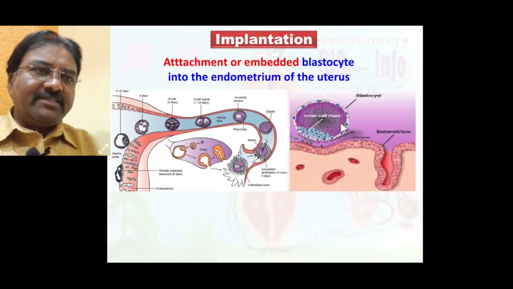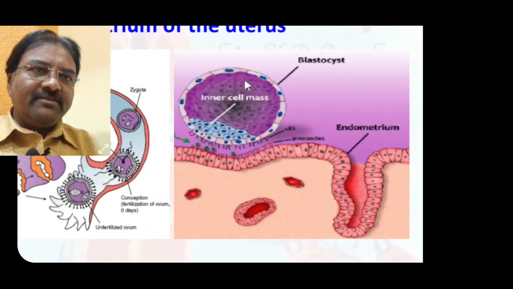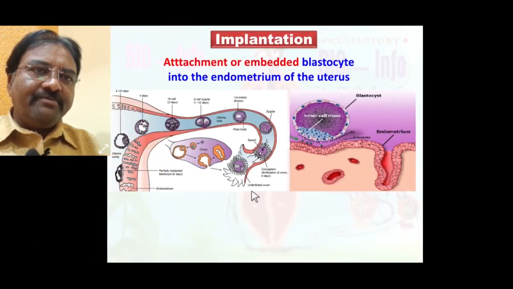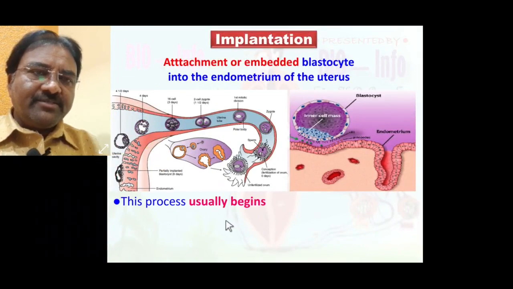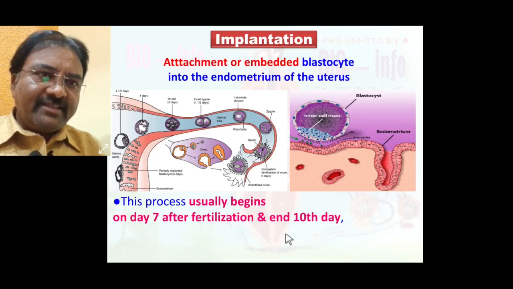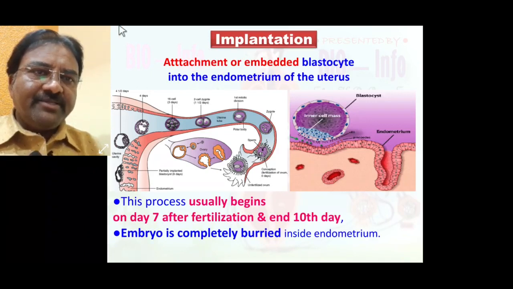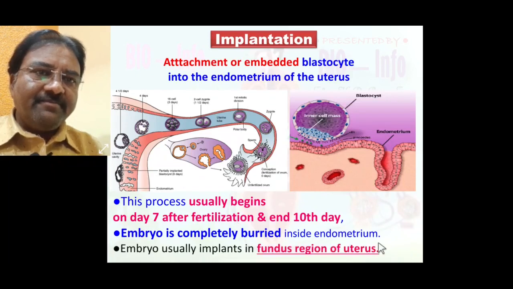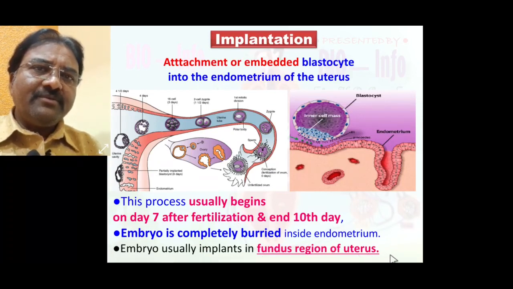This process is called implantation. The process usually begins on the 7th day after fertilization and ends by the 10th day, when the embryo is completely buried inside the endometrium. The embryo is usually implanted in the fundus region of the uterus. This we discussed in detail in the previous lecture.